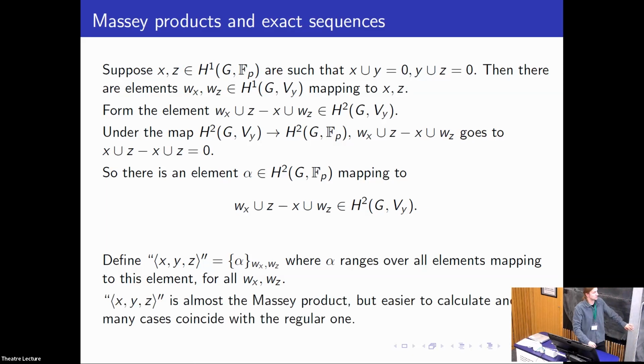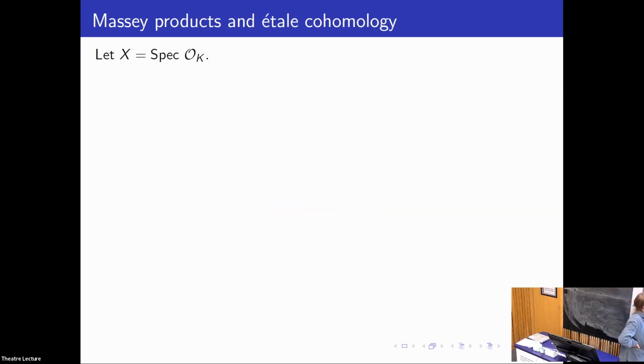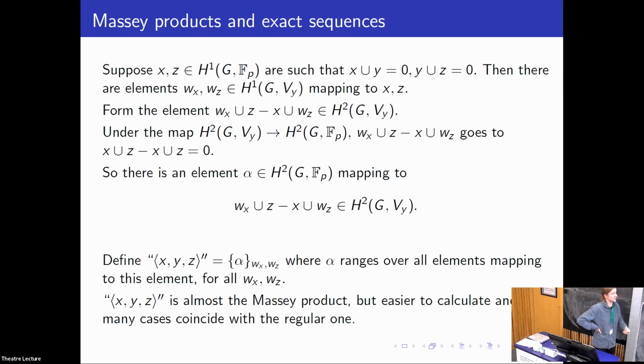It turns out that this is almost the Massey product, but it is much easier to calculate in general, and in many cases it coincides with the regular one. So this is a strategy for computing Massey products. By almost, I mean that this has a larger indeterminacy, so we need the indeterminacy to be equal. That's the connecting homomorphism step.